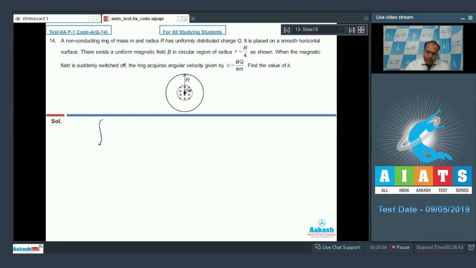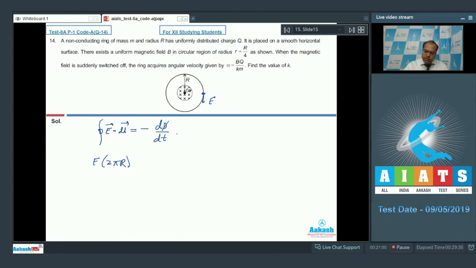So we know that the line integral of E dot dl is equal to minus d phi by dt. Since the changing magnetic field produces an induced electric field, at a distance r we can write E into 2 pi r, because at this r the magnitude of the electric field is the same. When the magnetic field is switched off, the direction of the induced EMF is such that it opposes the cause due to which it is being produced.